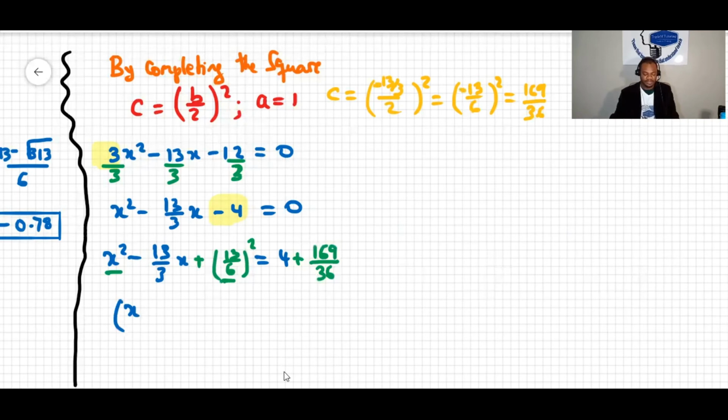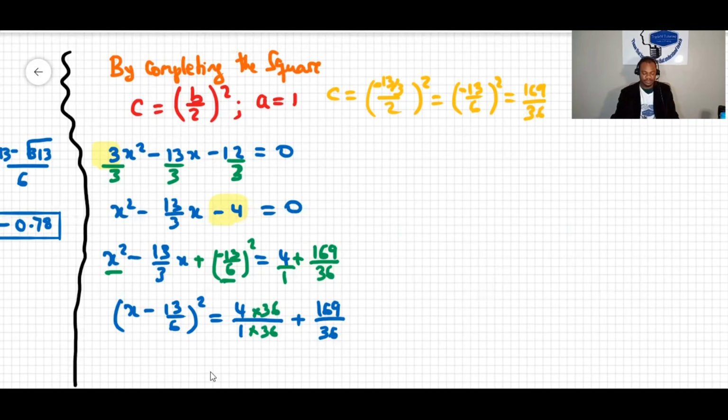So if we take the base, it's going to be x minus 13 over 6 to the power of 2 equal to, remember over here when we had 4, to work out the fraction, 4 is like over 1. So we need to make it over 36. It's like 4 over 1 plus 169 over 36, so we must times by 36.